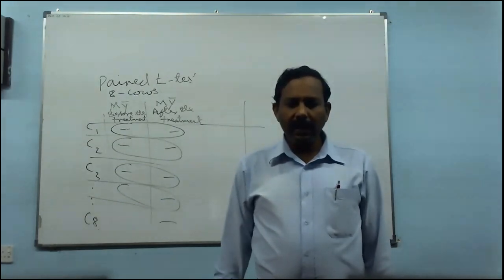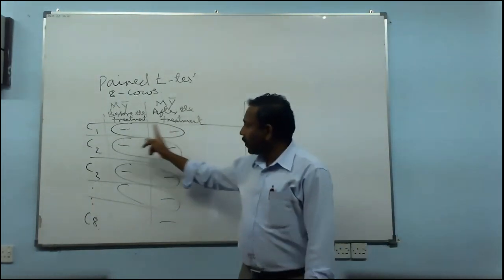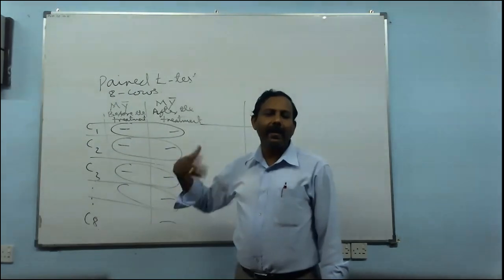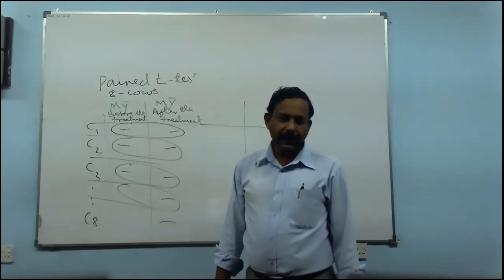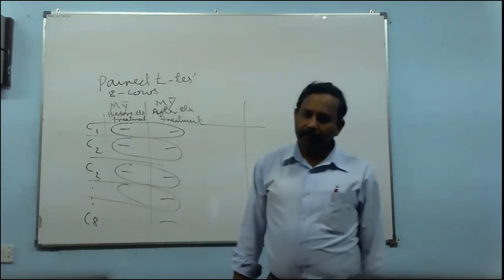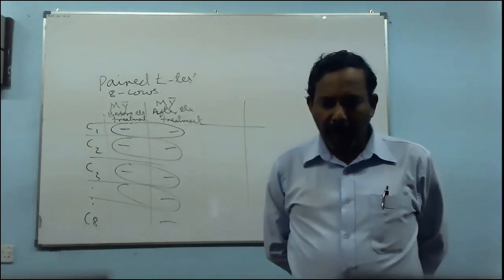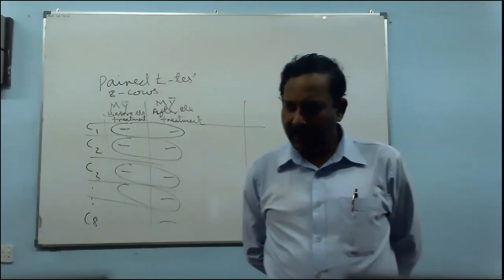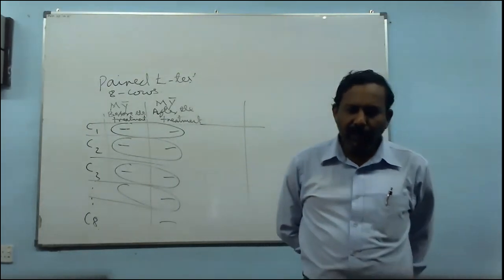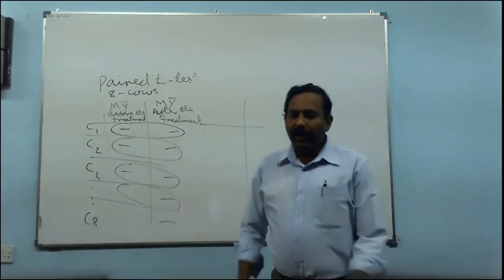What can you say about these two values? Which value is higher in general? Is it the before milk yield or the after milk yield? That is what we want to test. Which value is higher?